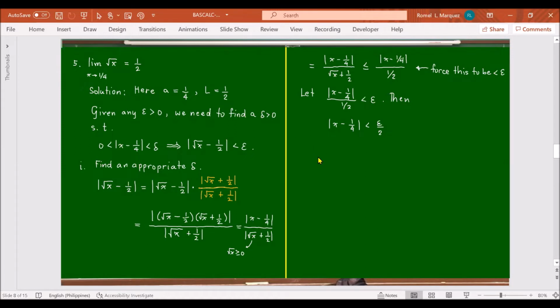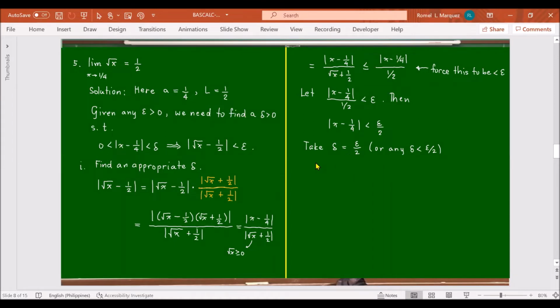Hence, we can take our delta to be epsilon over 2, or any delta less than epsilon over 2. So you can consider any delta that is less than or equal to epsilon over 2. But let's take, for convenience, epsilon over 2 to be the delta.